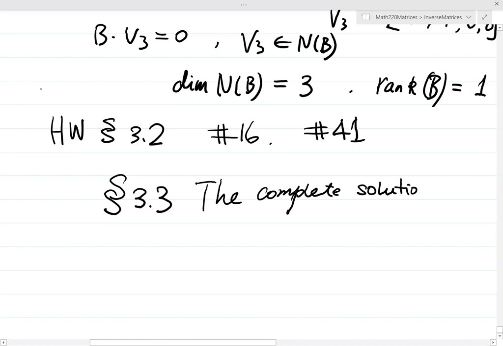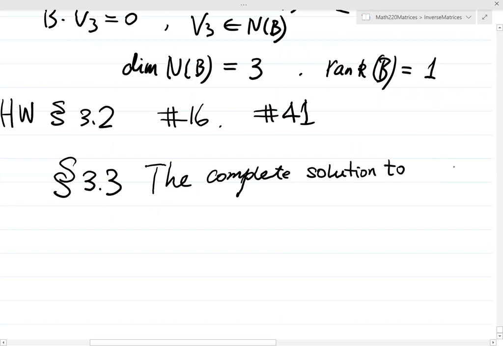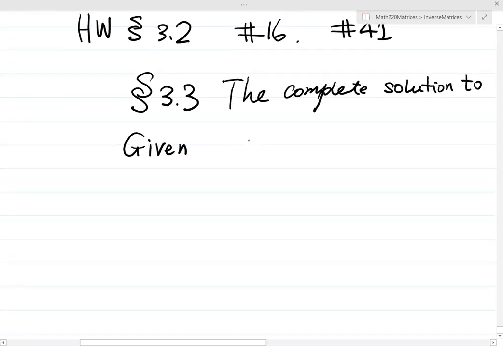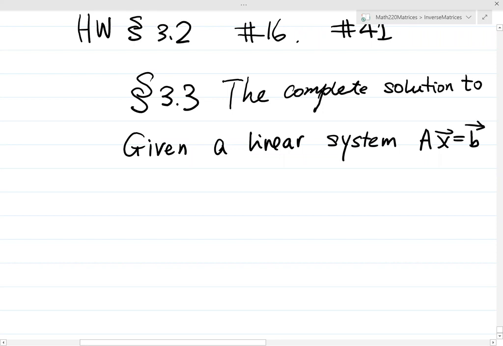To a linear system, Ax equals B. Now x and B are vectors. Now suppose, given a linear system Ax equals B, we have found a solution.